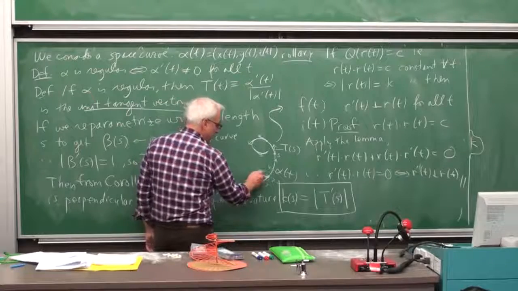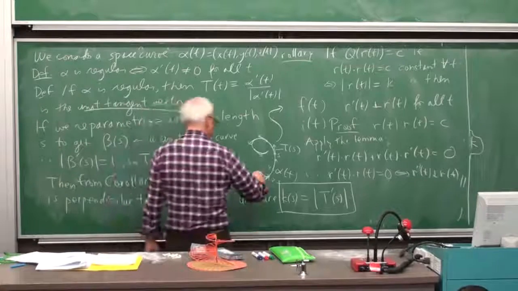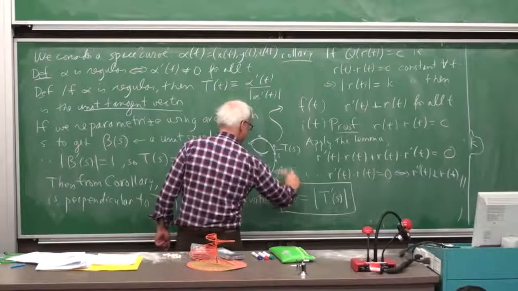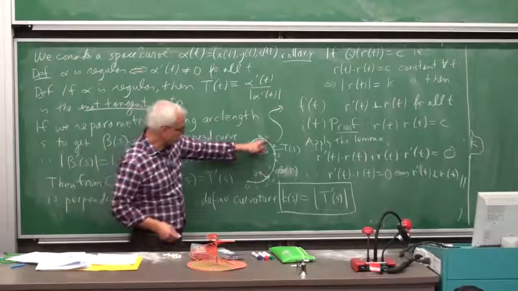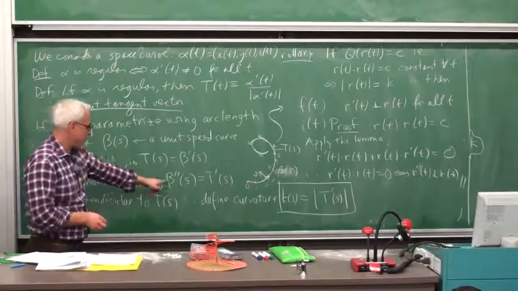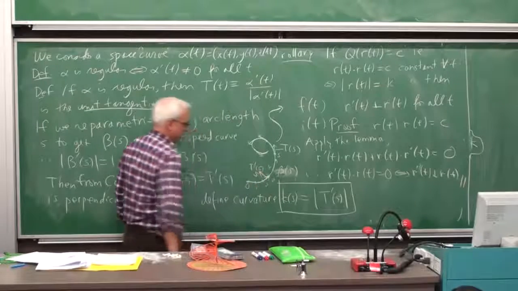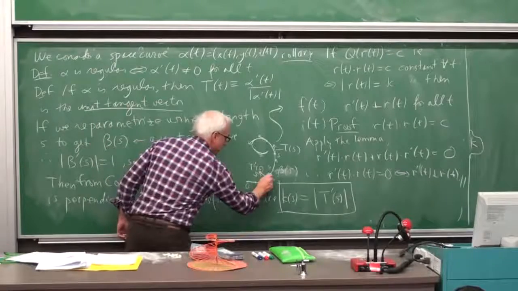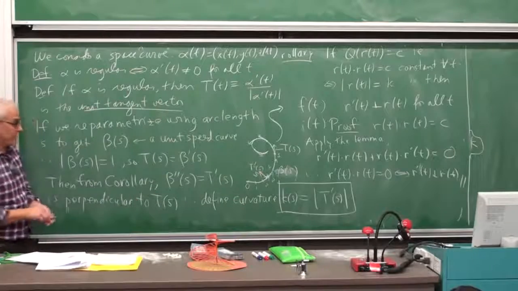Okay, so here we're now calling the curve beta of S, so let's just stick with arc length. So we have T of S are the blue ones, and then we have the derivative T prime of S, which is always going to be perpendicular to the tangent vector, but may have different lengths.